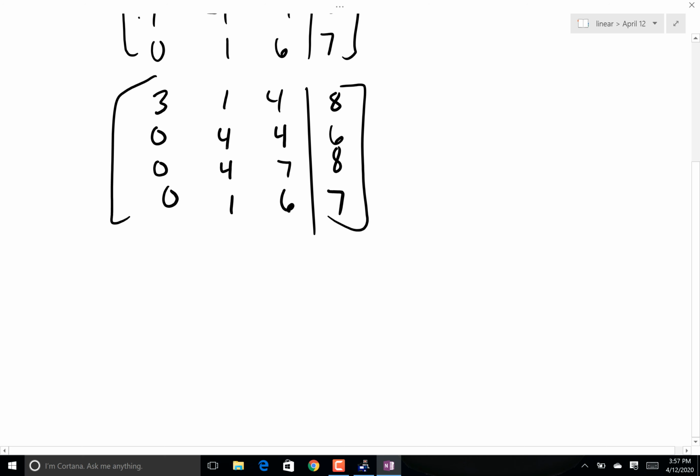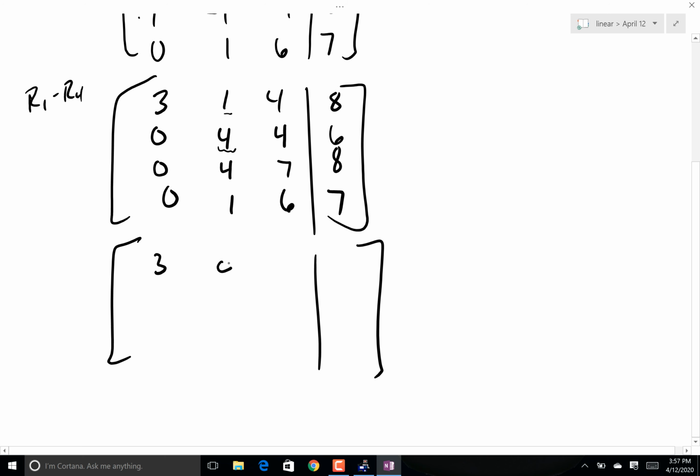So I want to have this guy stay put. I want this to be a 0, so I'm going to take R1 minus R4, because that's just an easy gimme right now. So 1 minus 1 is 0, 4 minus 6 is -2, 8 minus 7 is 1.